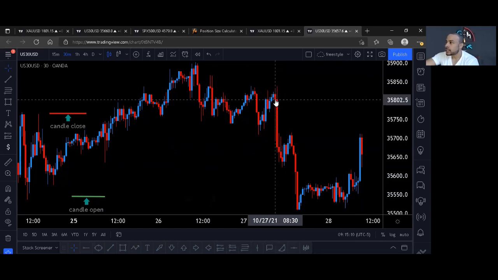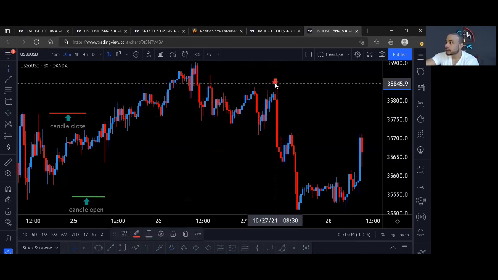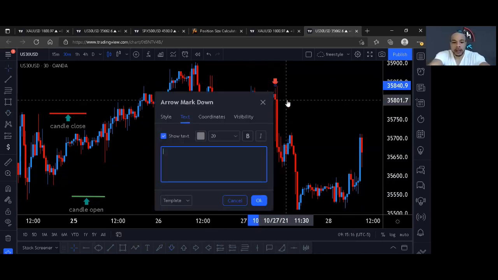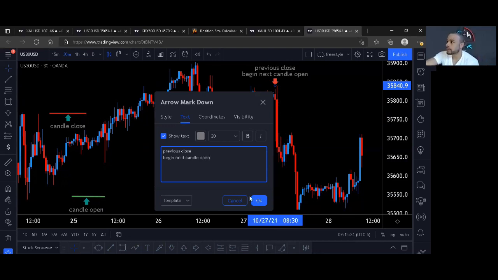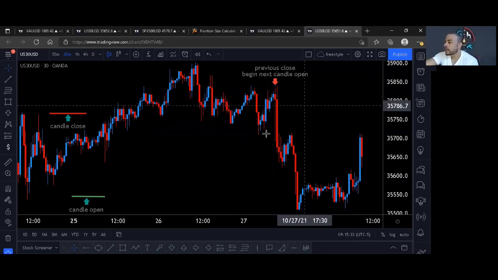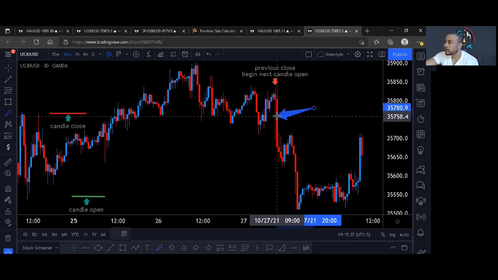This is the previous candle right here. Previous close should begin next candle open. And so we are looking at this candle here.